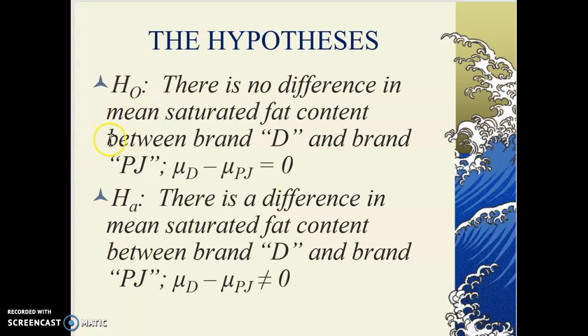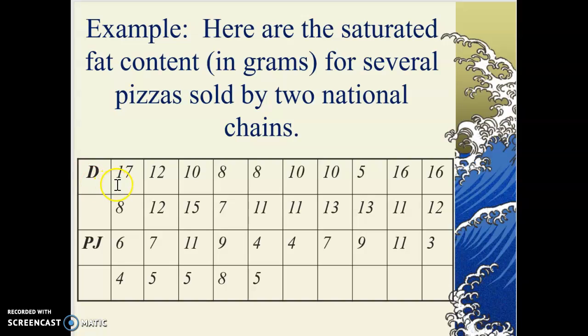We're going to hypothesize that there's no difference in mean saturated fat count between brand D and brand PJ. If you look at the data, it's pretty obvious that the fat content in the first store, D, is a little higher than the PJ chain, although not for every single pizza, but overall, just eyeballing it, it looks like it might be that way.